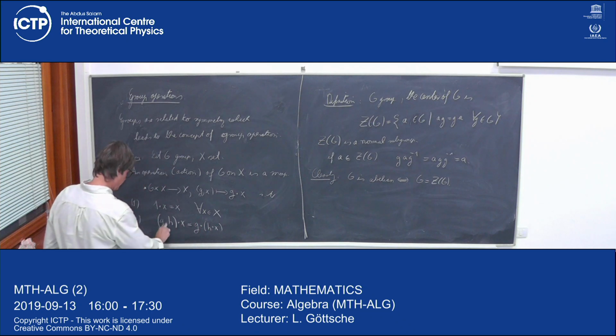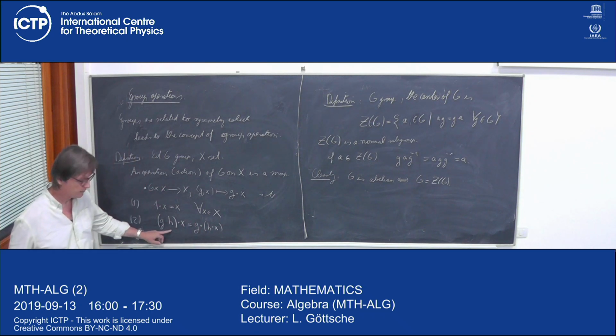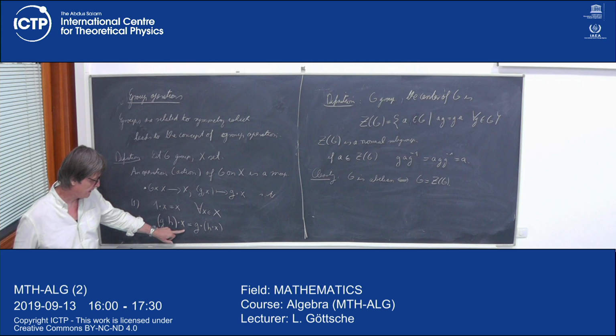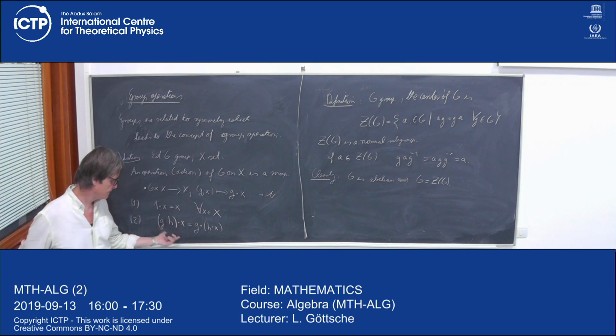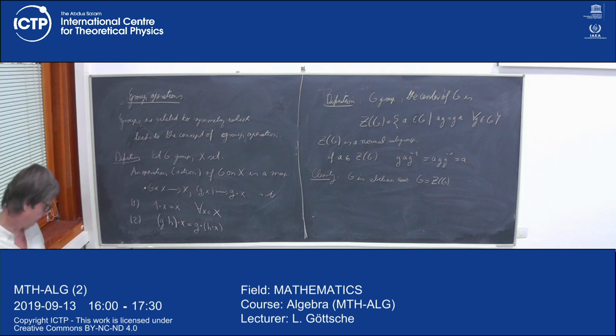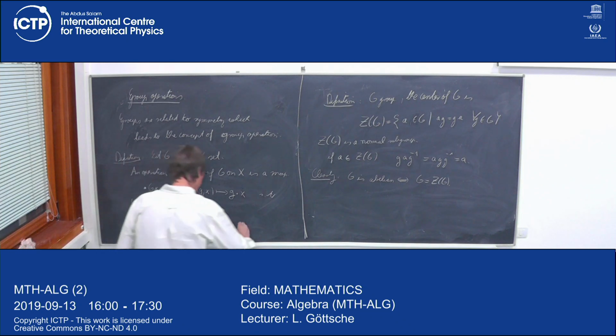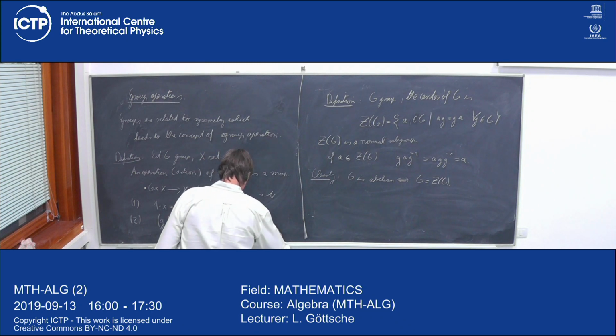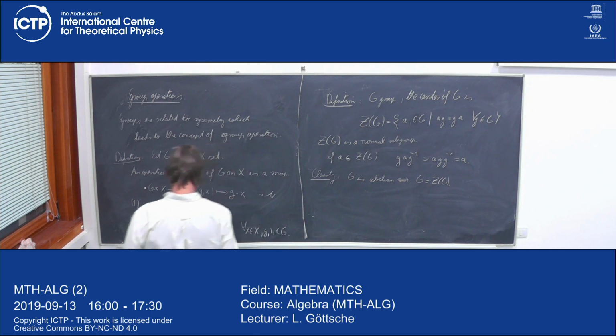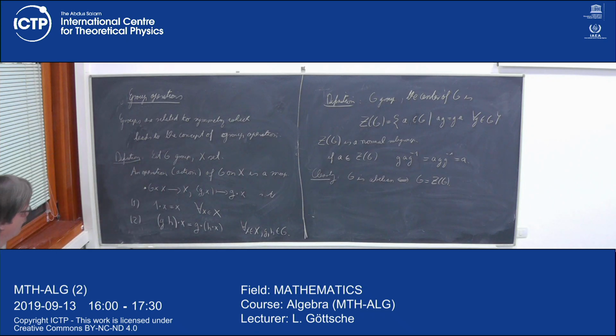Here we have the multiplication in the group, and here we have the action. So it looks like the usual associative law, but this happens in different places, for all x in X and g and h in G. So this is an action, and it's very simple.